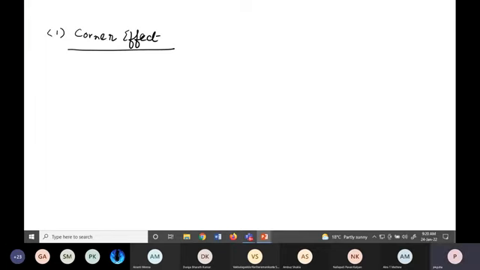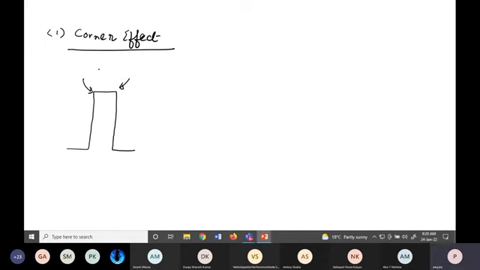You see, unlike planar technology, this is my fin, right? Now through this fin channel will be formed. Now these fins have these corners.